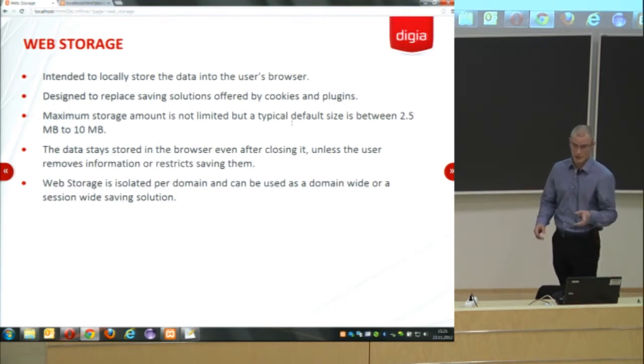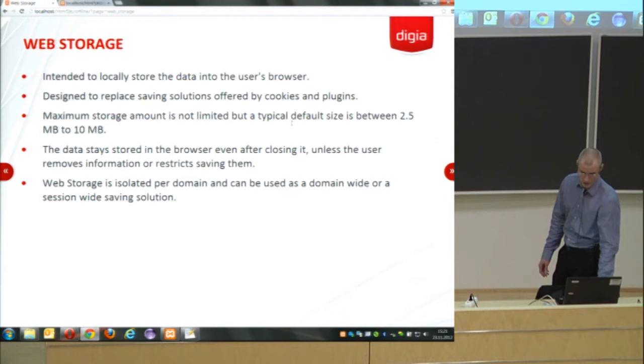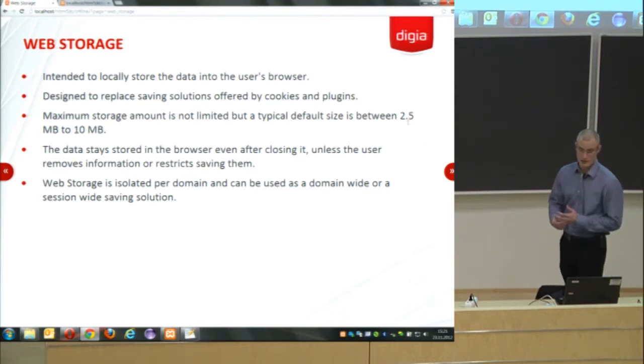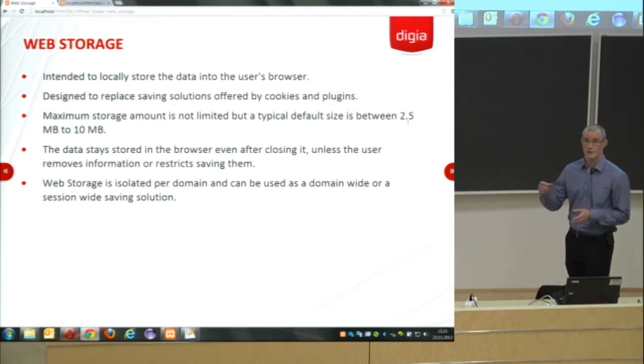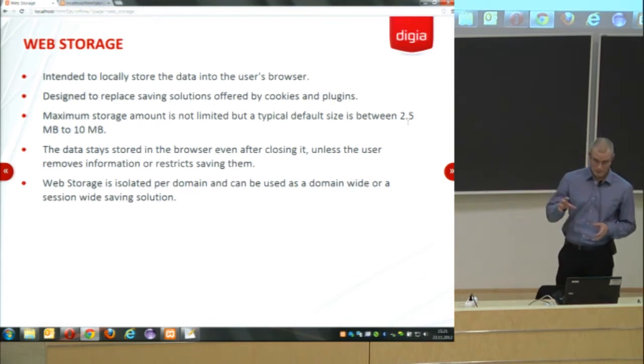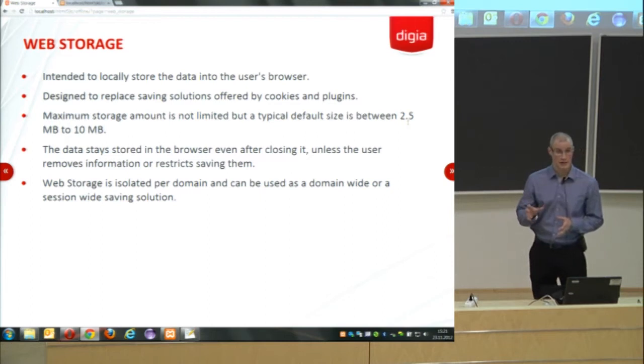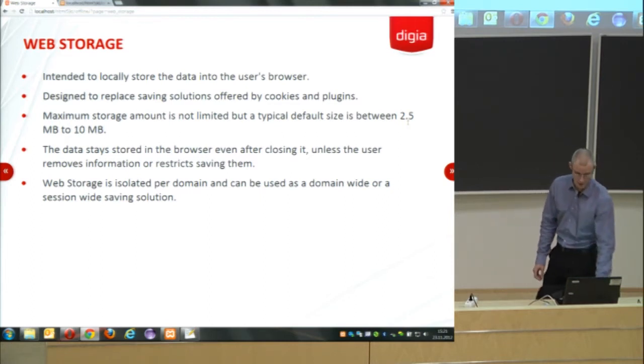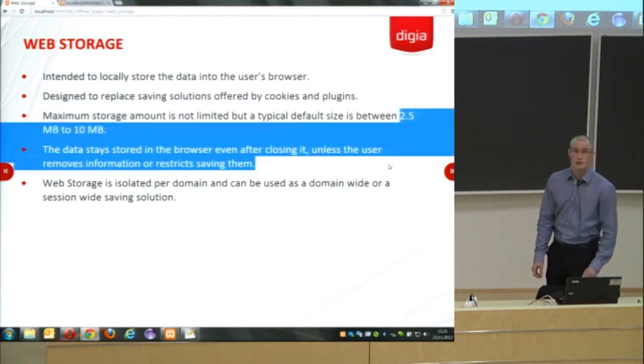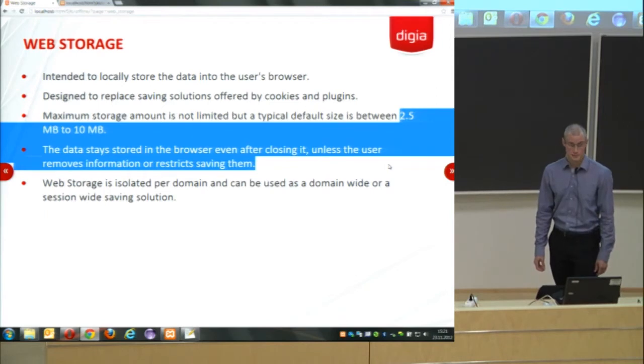How about web storage? There's a limit size between 5 and 10 megabytes. The specification doesn't say that there has to be a limit size, but the browsers are limiting, and the default value is between 2.5 and 10 megabytes.